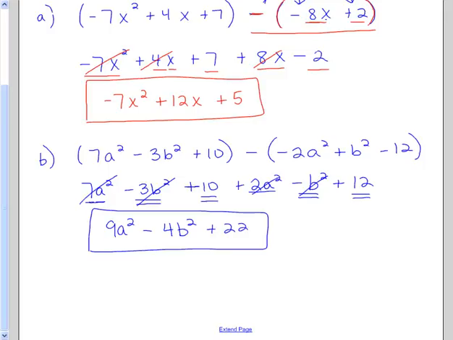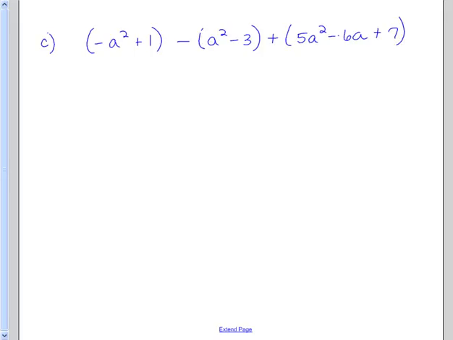You will have some problems that have maybe more than just one step. Let's say we have negative a squared plus 1 minus a squared minus 3 plus 5a squared minus 6a plus 7. I have addition and subtraction going on in this problem. Again, we just want to clear out these parentheses.